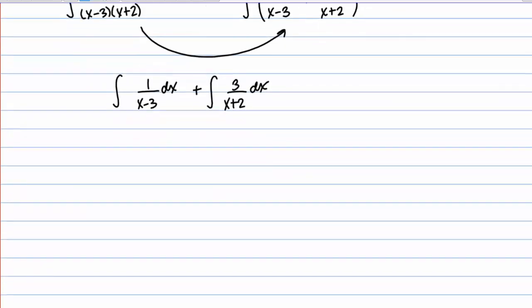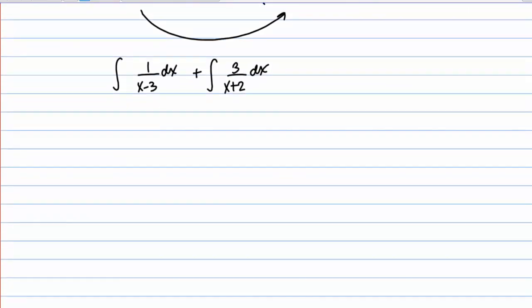And then for each of these, you might not need to do this, but if you do, you can just make a simple u substitution. For example, here I might let u equal x minus 3. So then du would be dx, and I'd end up with the integral of 1 over u du, which is the natural log of the absolute value of u.